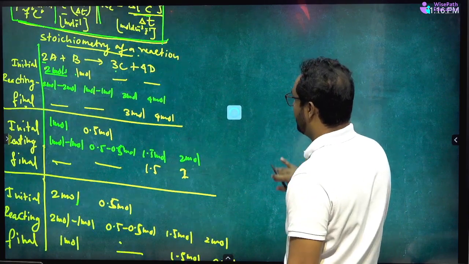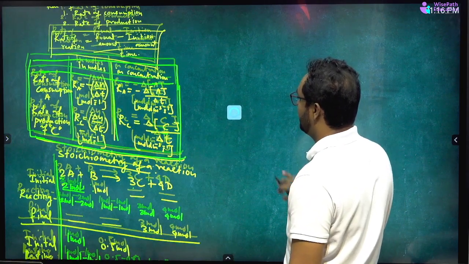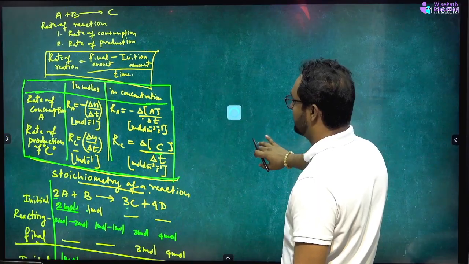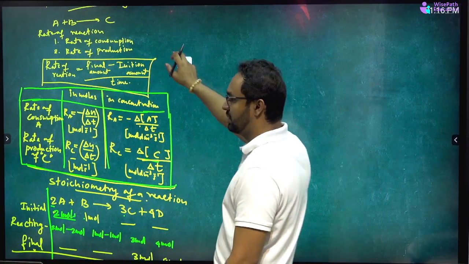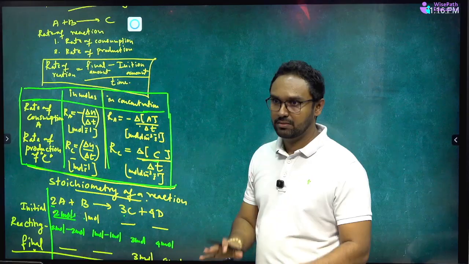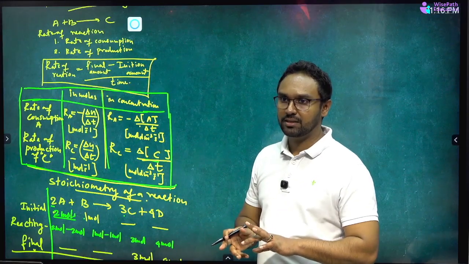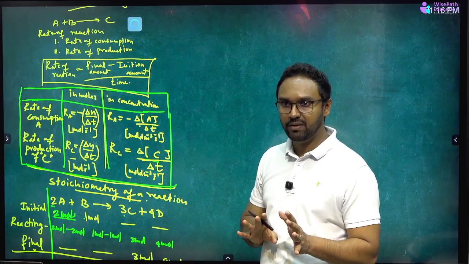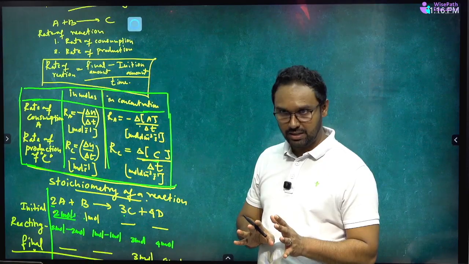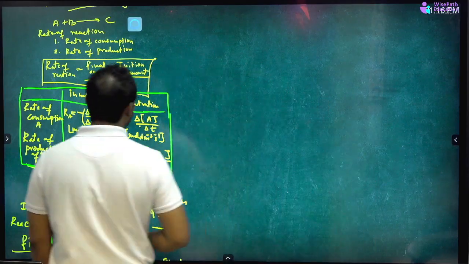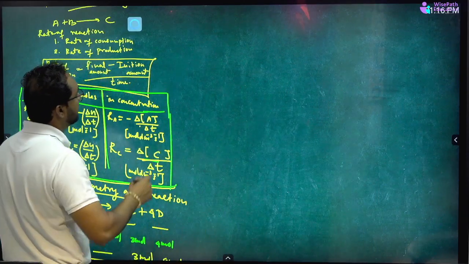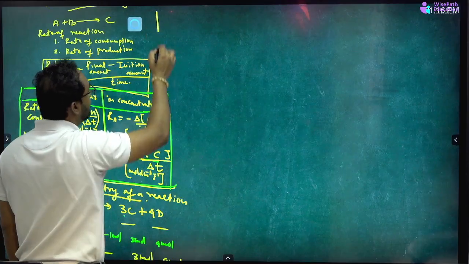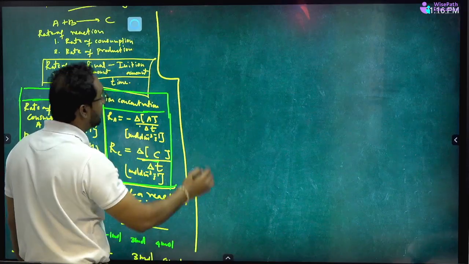So I'm writing the rate of reaction. There can be 4 rates of reaction, right? Because there are 4, like 2 reactants and 2 products. So for those 4, we have to have 4 rates of reaction. So now let's calculate the rates of reaction of those 4.